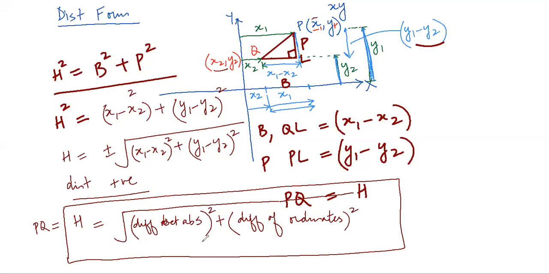Now based upon this, let us say this is one point P whose coordinates are 2 and 5. Let's say point Q has coordinates 4 and 8.